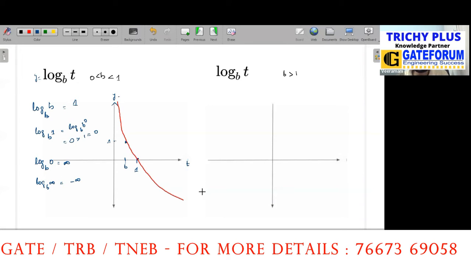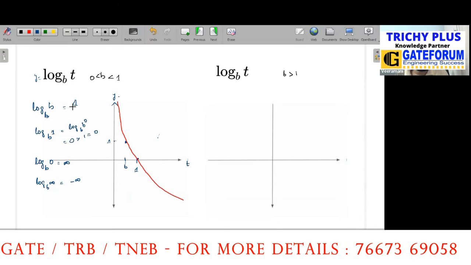Is it clear based on the curve? Yes or no? Thumbs up, anything? No, not clear.